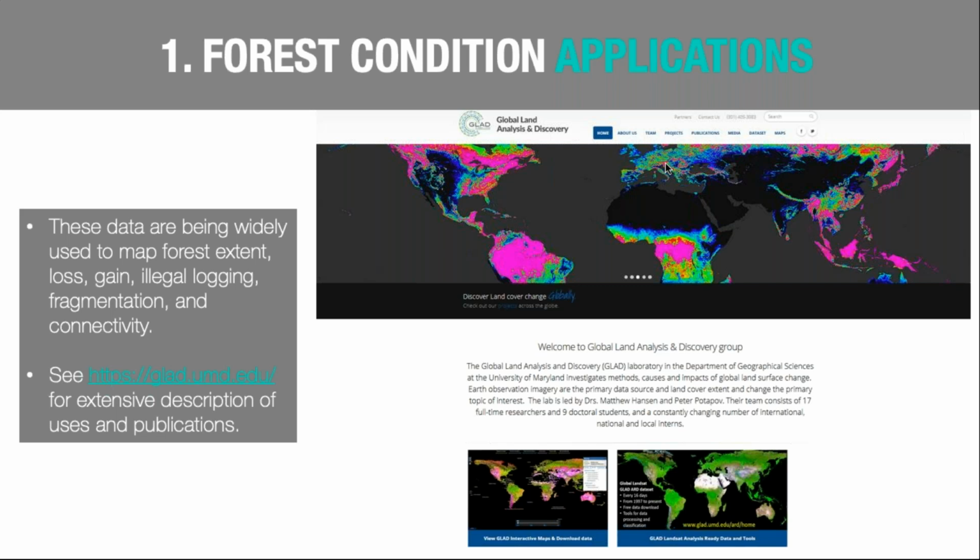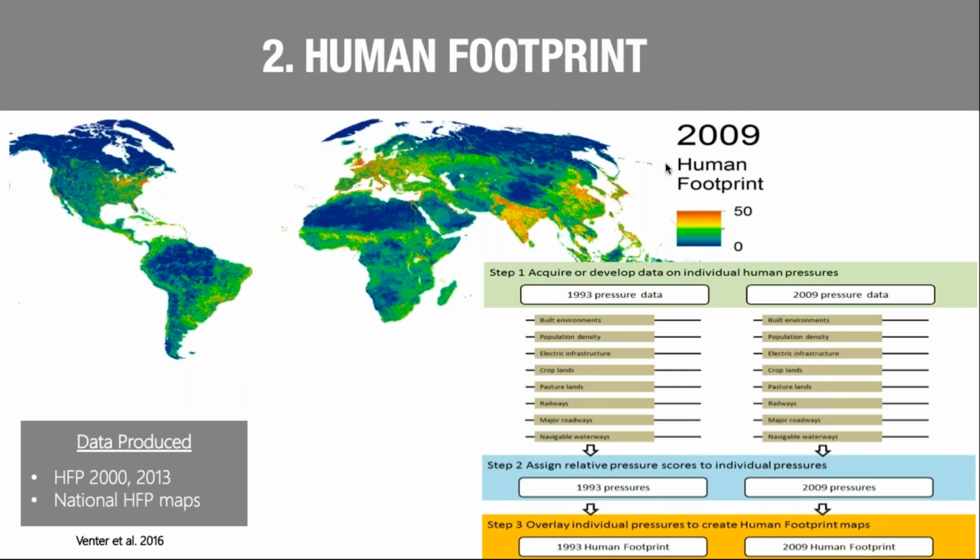Hi, everybody. If we can go to the next slide, please. So some of the early data we developed for the project was data on the human footprint, and we produced maps for the project that reflect the human footprint in the year 2000, 2005, 2010, and 2013.